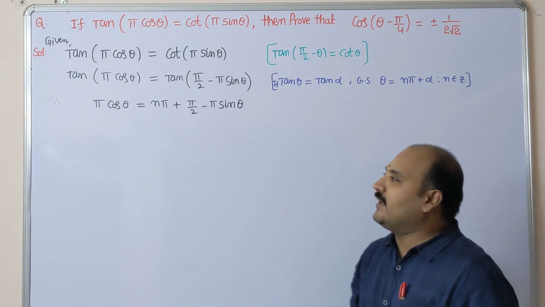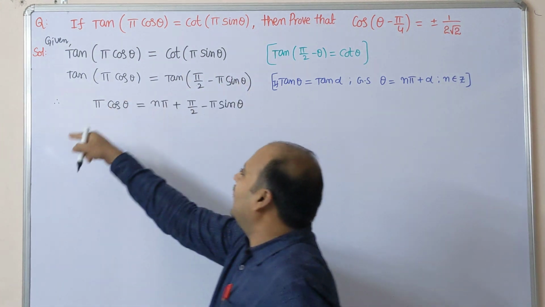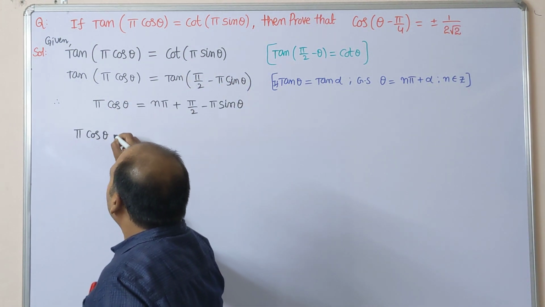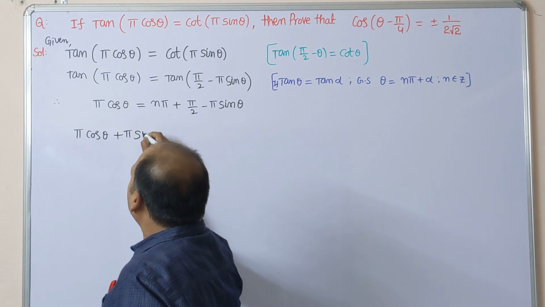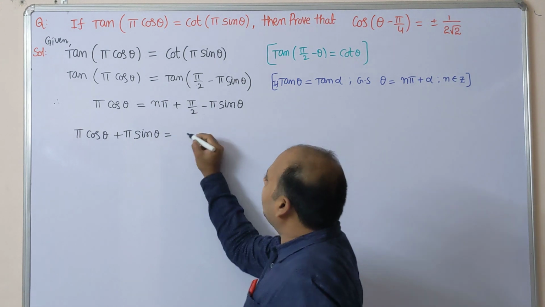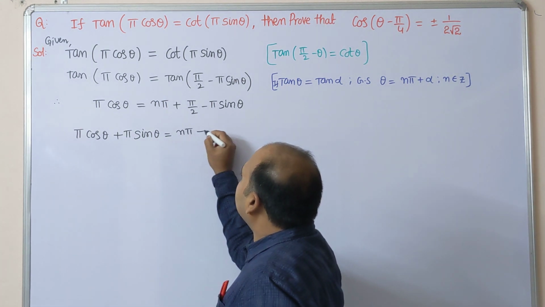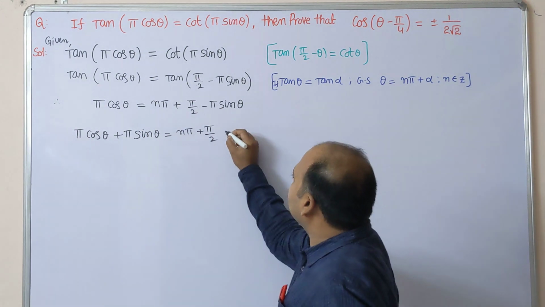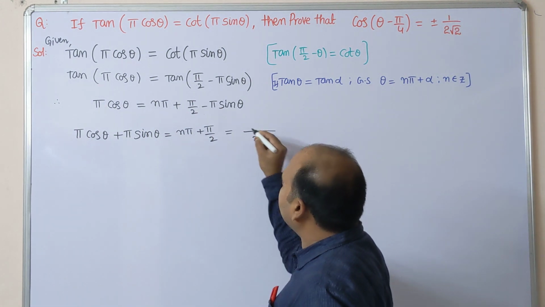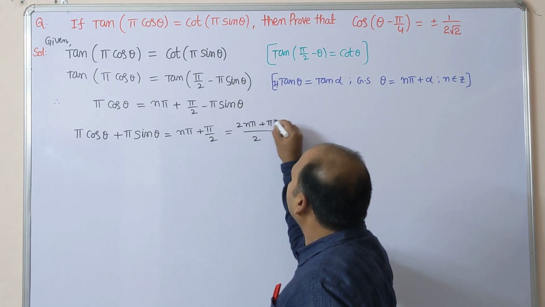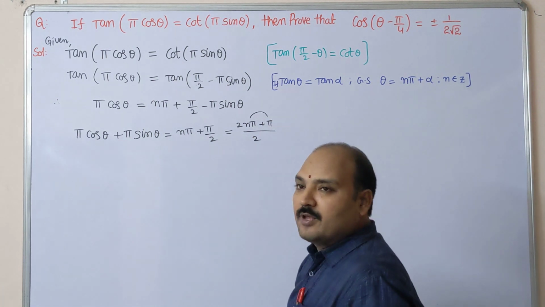After that, I am taking minus pi sin theta to this side. So pi cos theta plus pi sin theta is equal to the rest of the terms, n pi plus pi by 2. Take LCM and simplify: 2n pi plus pi over 2.